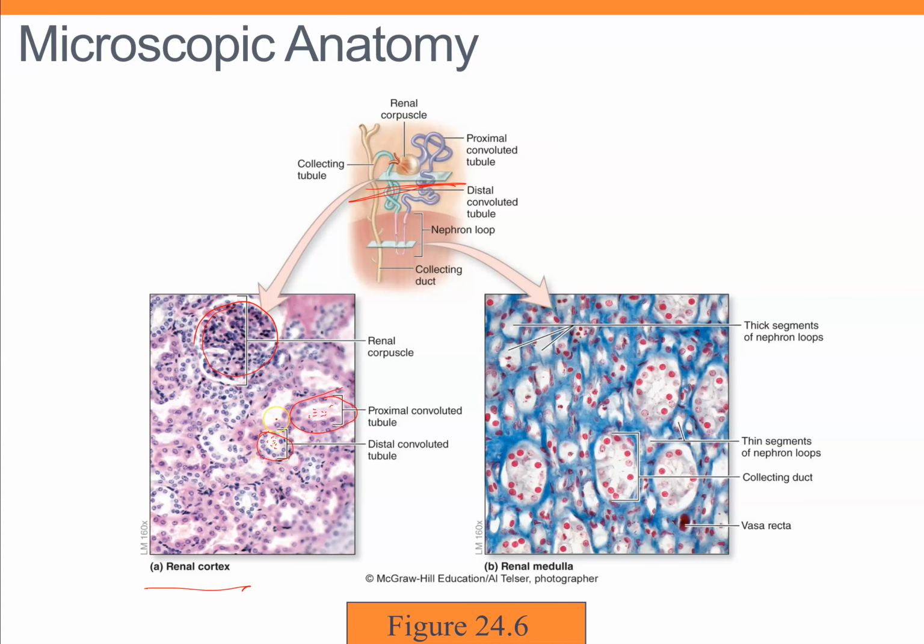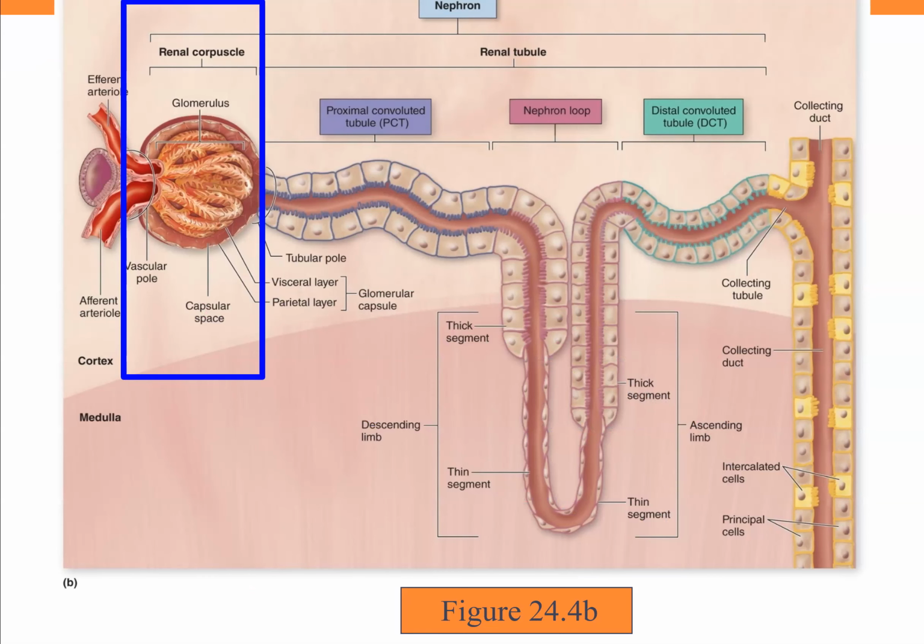Those are cuboidal cells, which you should probably recognize. Over here, this is going to be called the nephron loop, and we'll go over that in a minute. And here you're looking at maybe the collecting duct, which is this structure here, and again, slices through the loops. So lots and lots of tubes, lots and lots of structures here.